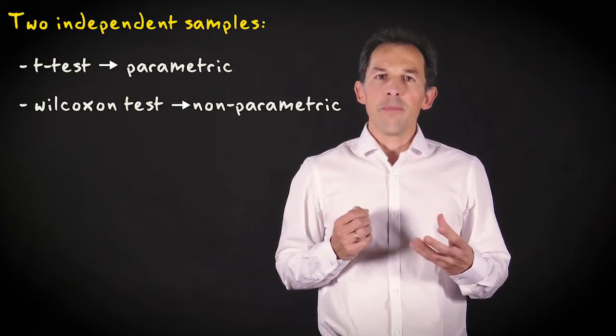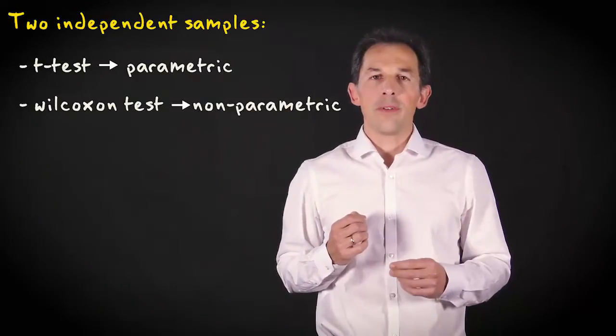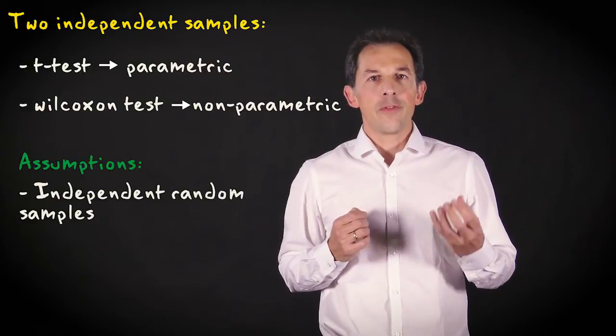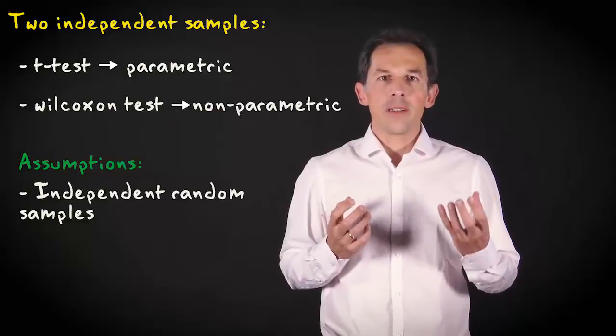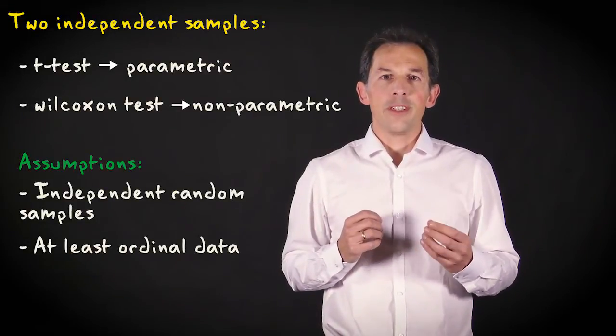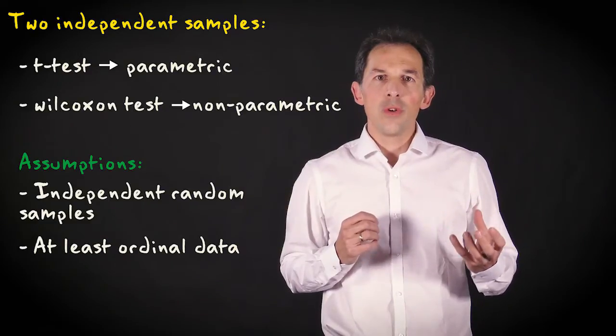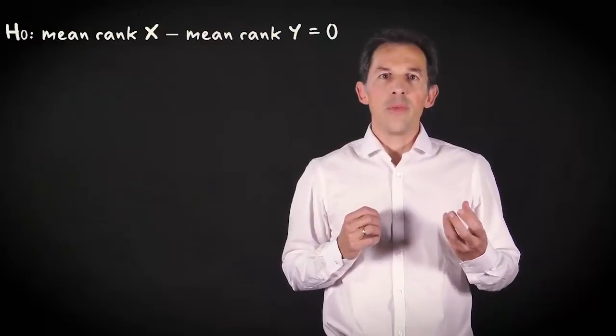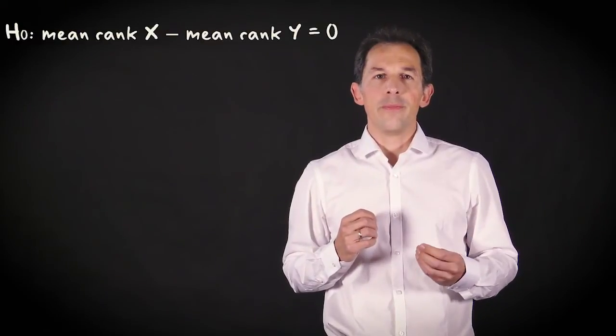Let me summarize what I've explained in this video. The Wilcoxon test can be seen as a non-parametric counterpart for a two-sample t-test. It assumes independent random samples from two groups and requires that the data have at least an ordinal measurement level. The null hypothesis in this test is that the two groups originate from the same population. This would imply that the mean ranks for the two groups do not differ.